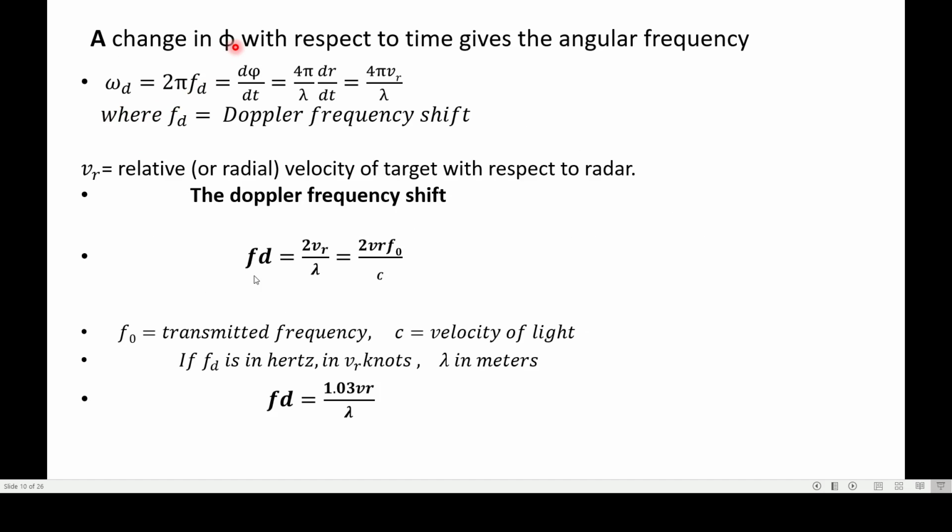The Doppler frequency and the transmitting frequency F0 are directly proportional, that means the Doppler frequency Fd equals 2 Vr F0 by c. This is the fundamental behind the radar Doppler effect.